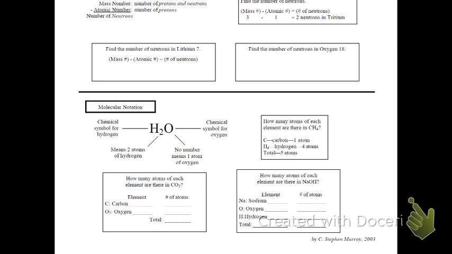A molecule is like the thing that it holds. No, so a molecule, so you could have one atom of hydrogen. Kind of. If you have 2 hydrogen atoms, then they make a molecule. It's more than one atom of the element. So that's what molecular notation is telling you.